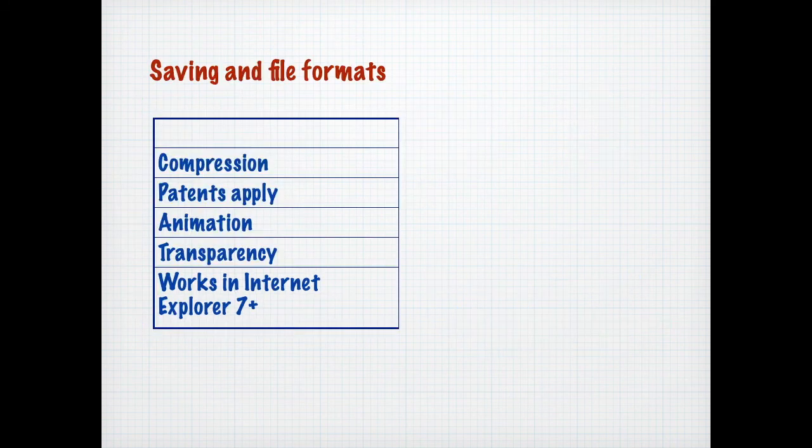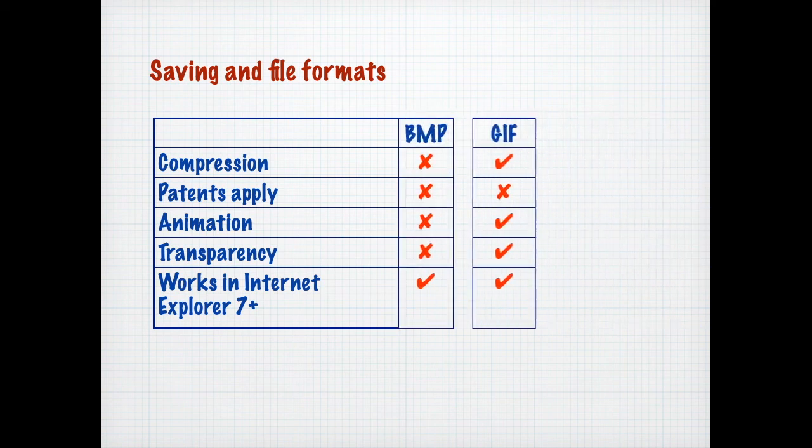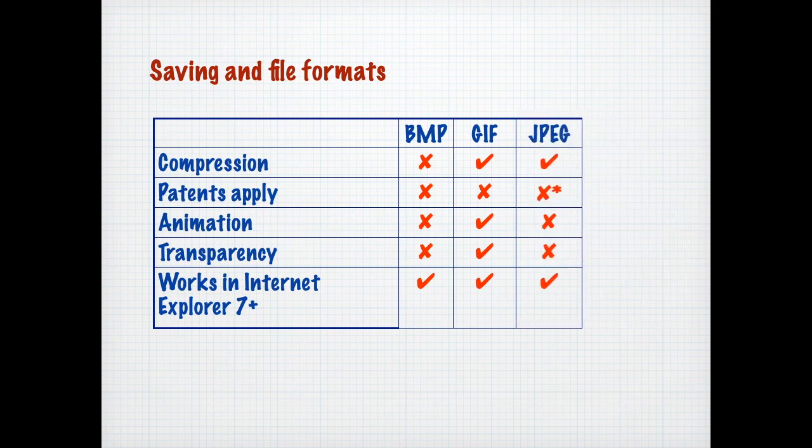So here's a table with those characteristics: compression, patent, animation, transparency. And you can see here are some different file types: BMP, GIF, JPEG, and PNG. And you can see, for example, BMP files don't use compression. That means they're typically bigger. GIF files, there have been some arguments about GIF and JPEG.